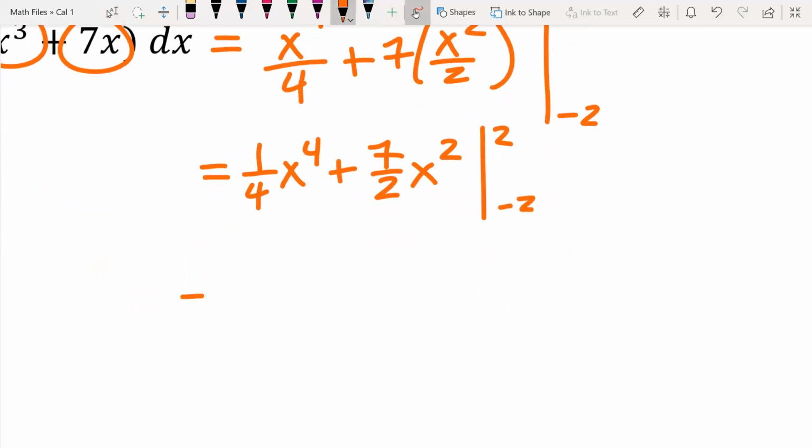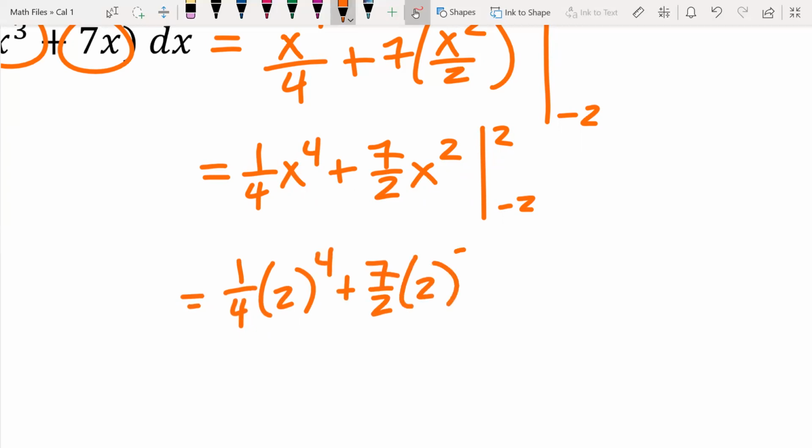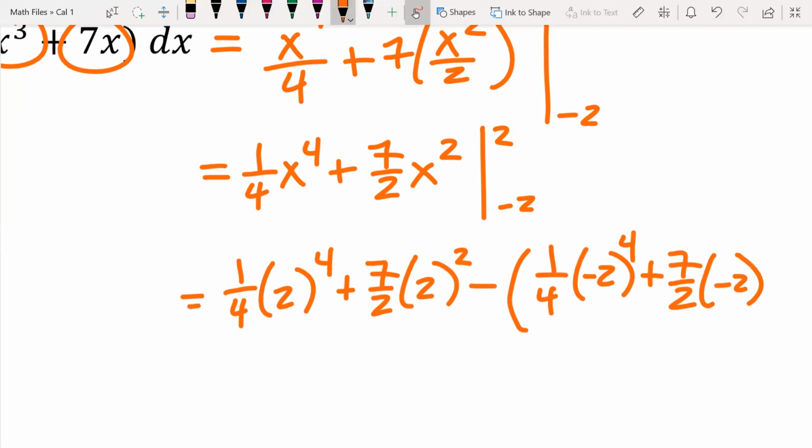And plug in 2, 1/4 times 2 to the 4th plus 7/2 times 2 squared minus, and start with the parentheses, we're going to need it, 1/4 times -2 to the 4th plus 7/2 times -2 squared, close parentheses.